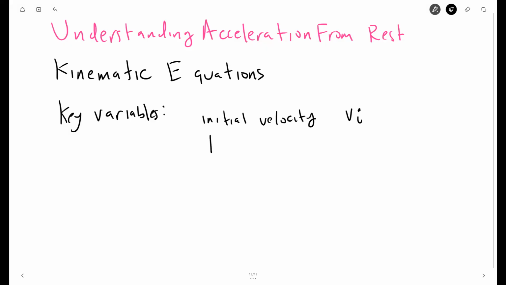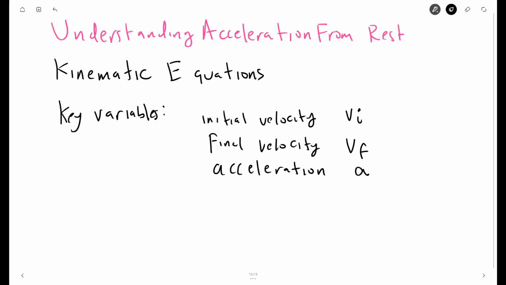Then final velocity, call it VF. Acceleration, we're going to call it A. Time, we're going to call it T. And distance, we're going to call it D.